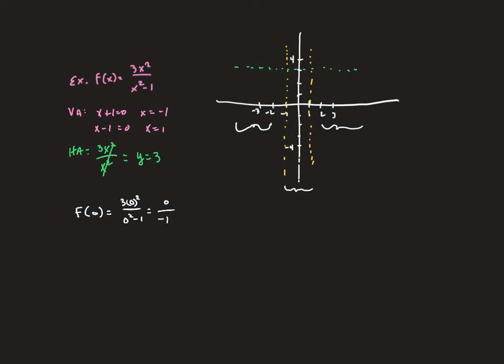So looking at that point, 0, 0, that's going to be a value that's real for this function. And then I know that I can't go this direction with my function because I'd be approaching an asymptote right there, and I never cross that. So I know that this function is actually going to go downward like that.